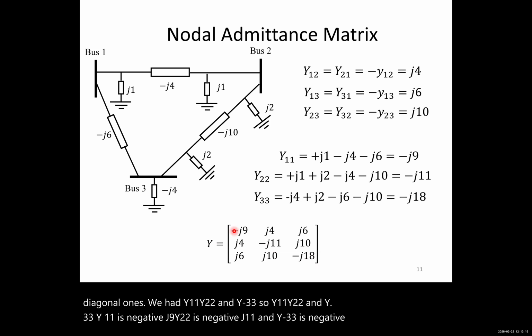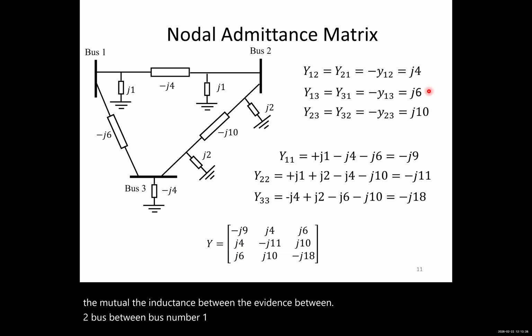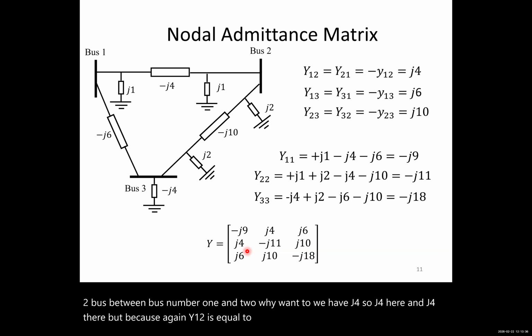And then we have the admittance between bus number 1 and 2, Y12, we have j4. So j4 here and j4 there. Because again, Y12 and Y21 are equal, we just fill them with j4 the same.